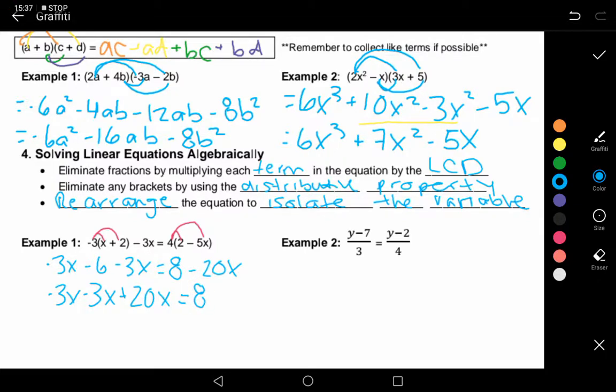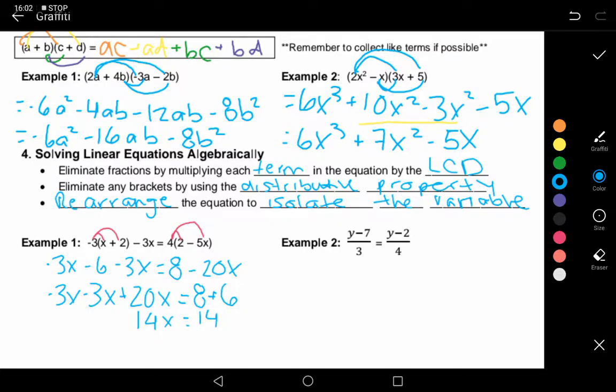I'm going to move my negative 6 over. It's going to become positive. Now I have my like terms all together. I just have to collect them and simplify. So negative 3 minus 3 is negative 6x plus 20x is going to give me 14x. And 8 plus 6 is also 14.